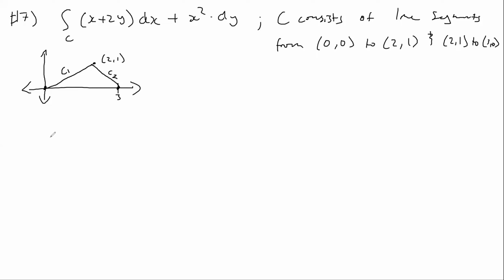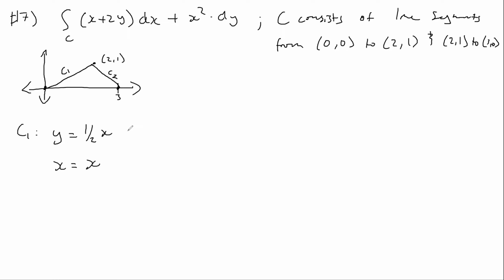So let's look at C1 first of all. For C1, y is equal to 1/2 of x, just based off (0, 0) up to (2, 1). Since y is equal to 1/2 of x, x just moves across. When x is 0, y is 0, and if x is equal to 2, y is going to equal 1, and that's why we have this equation right here.